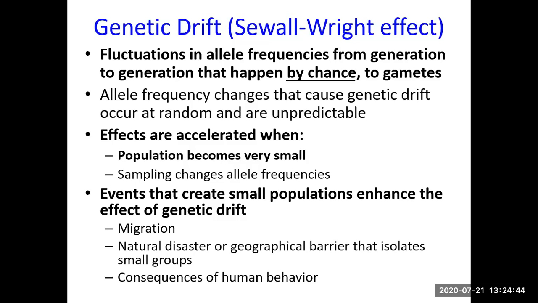It could be a natural disaster or a man-made disaster, anything that happened by chance and killed a lot of people. When a lot of people get killed from a population, you're changing the allele frequency, right? So that is genetic drift: fluctuations in allele frequencies from one generation to the next that happen purely by chance.